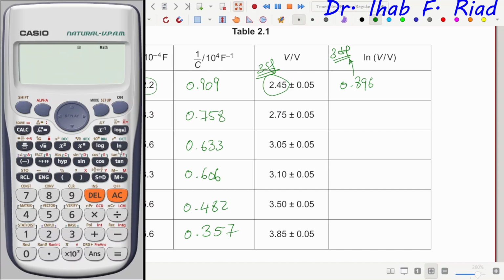Okay, now let us do one more. ln 2.75 is 1.011. We are going to keep 3 decimal places. Why? Because there are 3 significant figures in the original value. Then it is going to be 1.012.